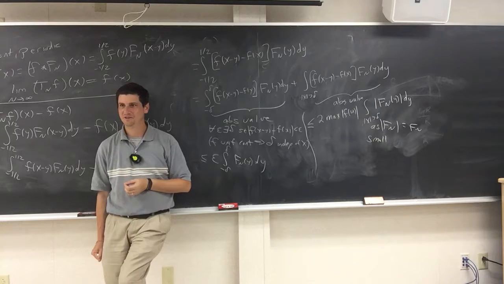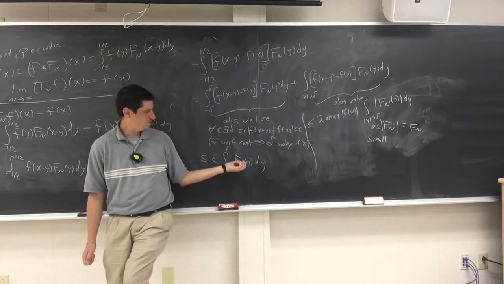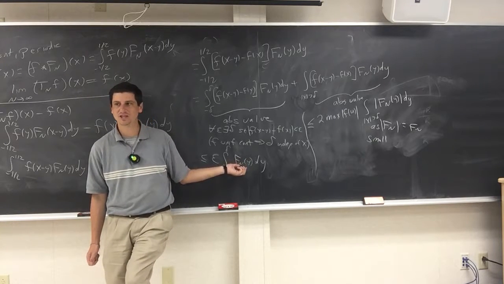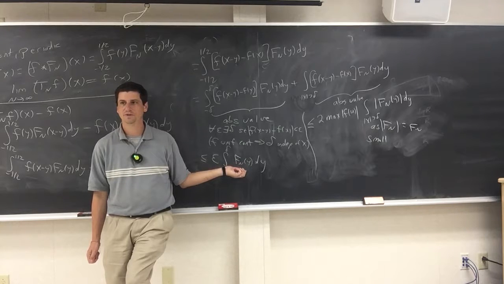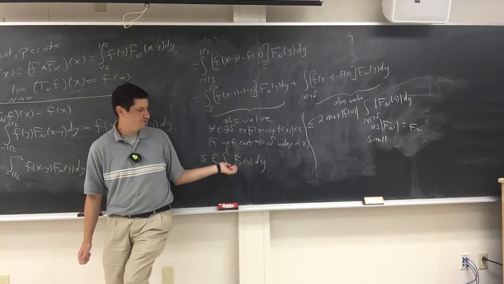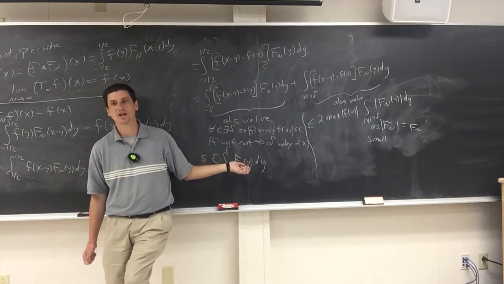Why? Not the identity. F is an approximation to the identity. So because Fn is an approximation to the identity, what do we know? It integrates to 1 over the whole range. We're integrating over a subrange, and the function is non-negative.